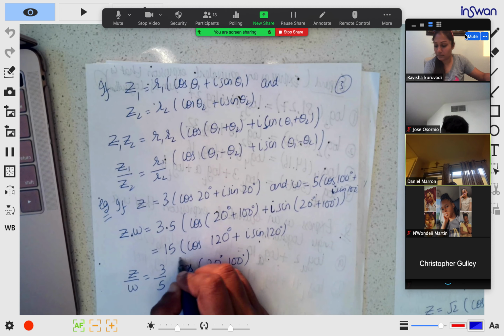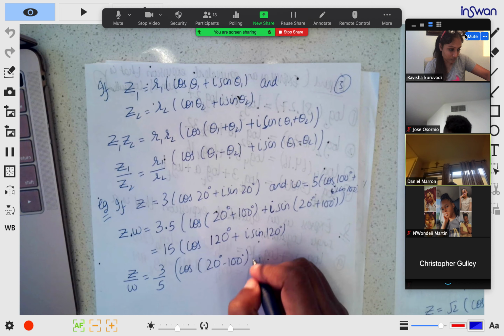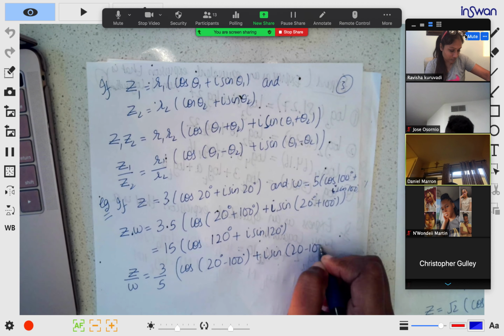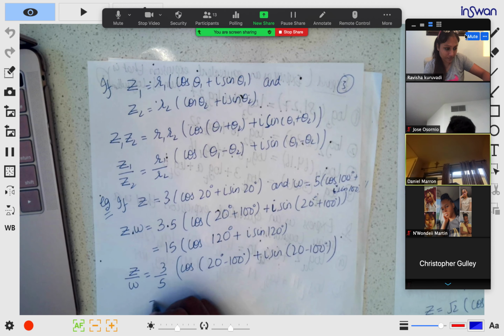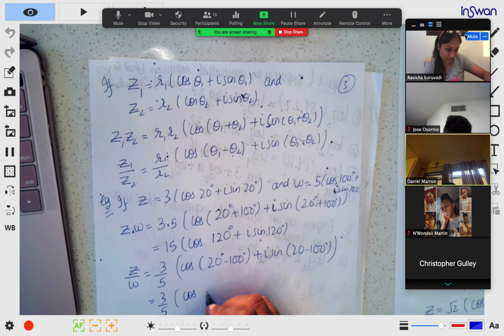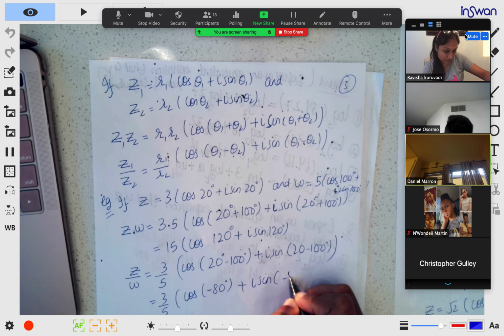Then it will be plus i sine 20 minus 100. Which comes out to be what? Then 3/5 cosine negative 80 plus i sine negative 80.